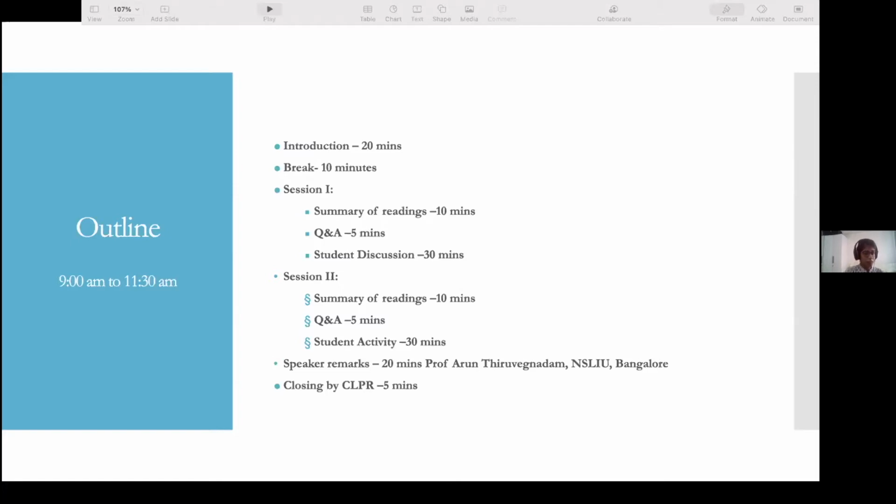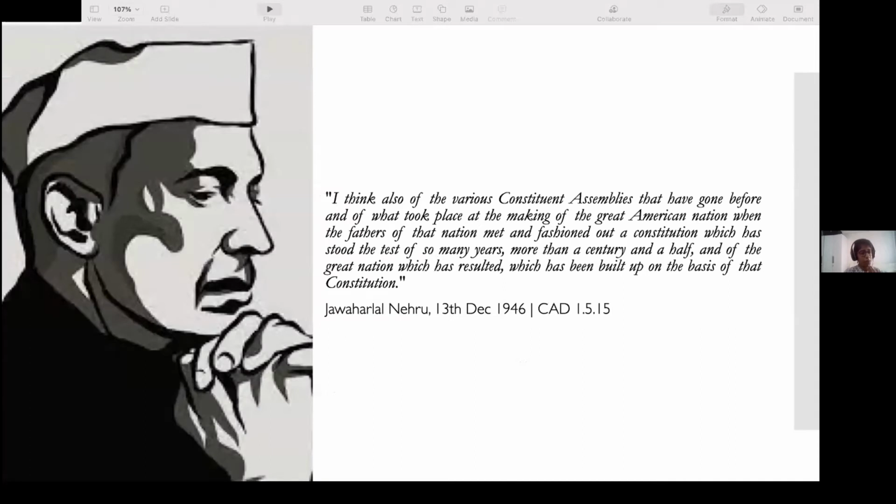So going back to the constitutional founding moments in India and the US. The Indian framers had the American constitutional history and founding in their mind, and were immensely inspired by the American Constitution. And that can be seen with Nehru's quote when he introduced the Objectives Resolution in the Constituent Assembly.